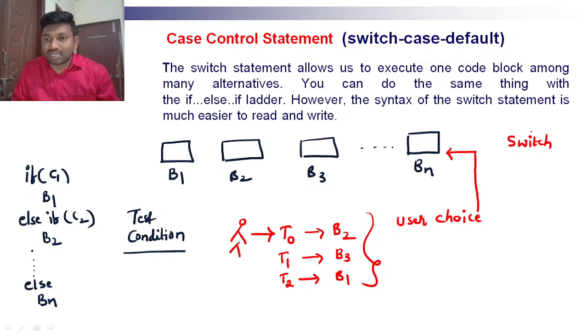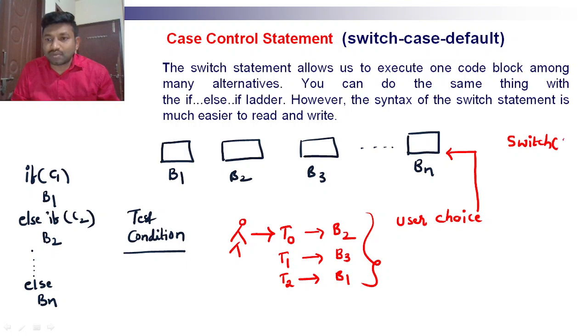Or if you switch on the light, the light starts working. Or if you switch on the refrigerator, the refrigerator starts working. In a similar way, the switch in programming is also used to switch on one block. So one switch can decide which block is to be executed.